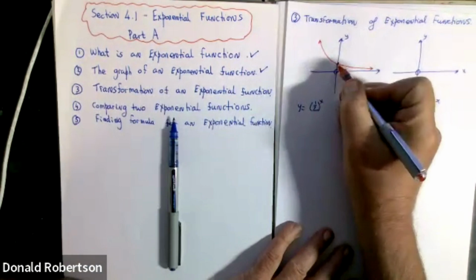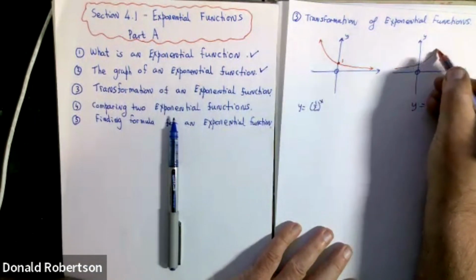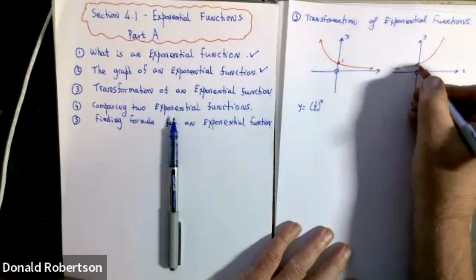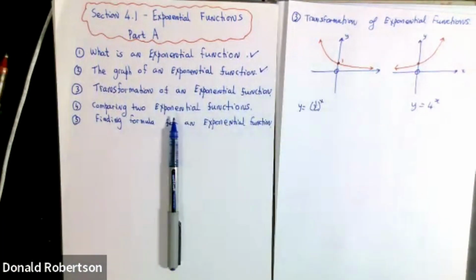And that point there would be 1. And for bases bigger than 1, like here, the base is 4, that was your shape.